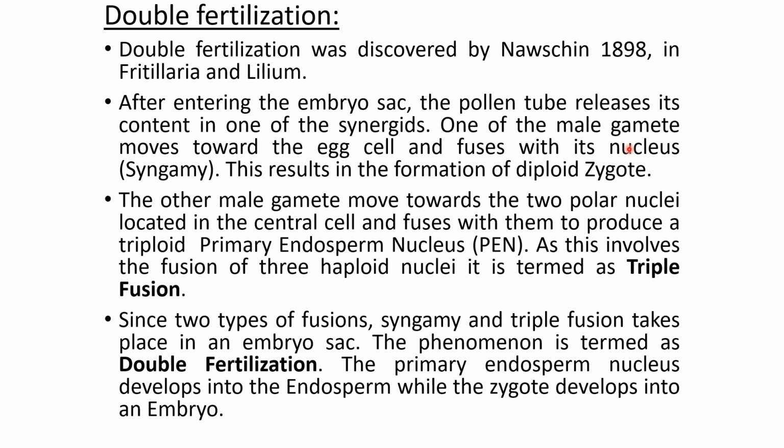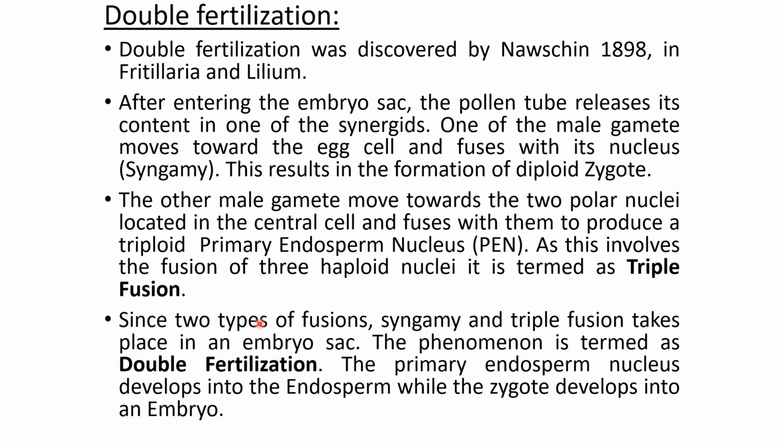This process is known as syngamy, fusion of gametes. This results in the formation of a diploid zygote. The other male gamete moves toward the two polar nuclei located in the central cell and fuses with them to produce a triploid primary endosperm nucleus. As this involves the fusion of three haploid nuclei, it is termed triple fusion.